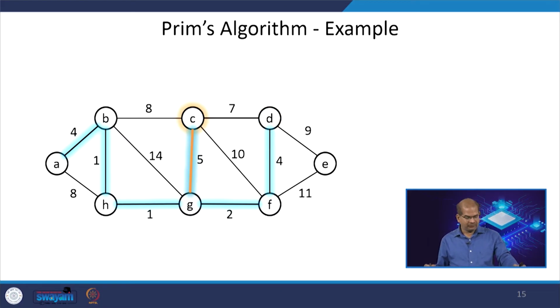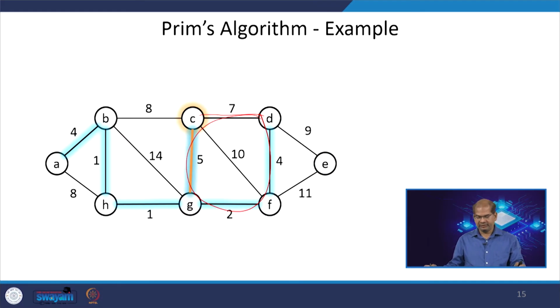Now, after 5 the next cost would be 6, but 6 is not there in the graph. Then the next weight is 7, and if I choose 7 then it creates a cycle. That is not allowed, so 7 is not chosen.